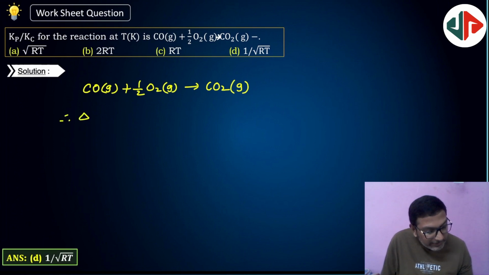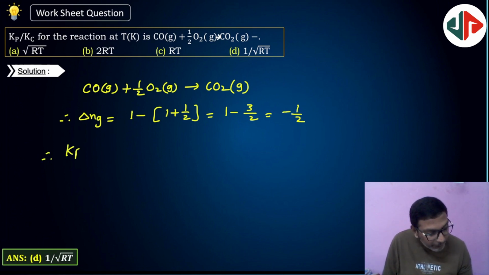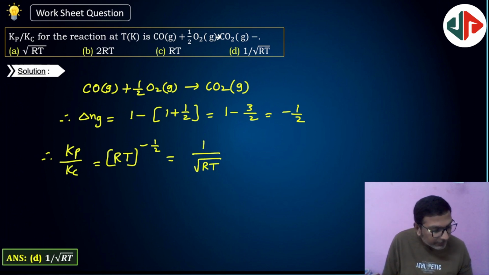Therefore delta Ng equals number of moles of products minus number of moles of reactants, 1 minus of 1 plus 1 by 2, 1 minus 3 by 2, so minus 1 by 2. Therefore Kp by Kc equals RT power minus 1 by 2, or 1 by root RT. Option D.